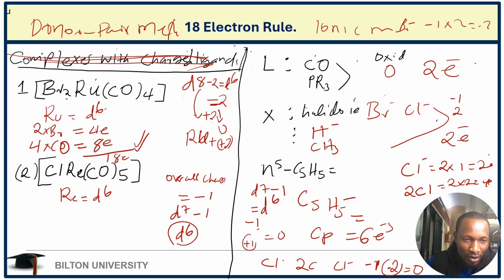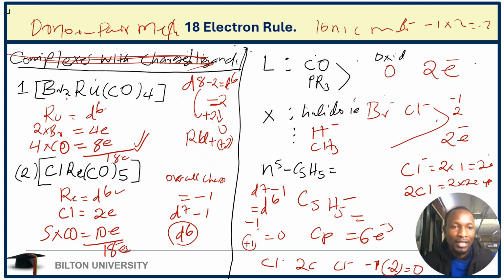And then we have our chlorine, it is 1. So it's going to contribute 2 electrons. Remember, this is the donor pair method. Each X type contributes 2. And then we have our carbonyl, which is, how many are they? There are 5. So we're going to do 5 times that carbonyl, and that's going to give us 10 electrons. And then we have to add the total number of electrons. So we have 6 plus 2 is 8, 8 plus 10 is 18, so we have 18 electrons.